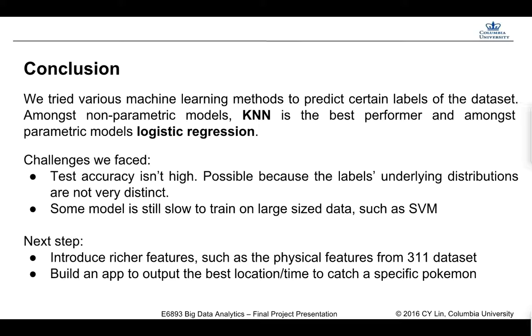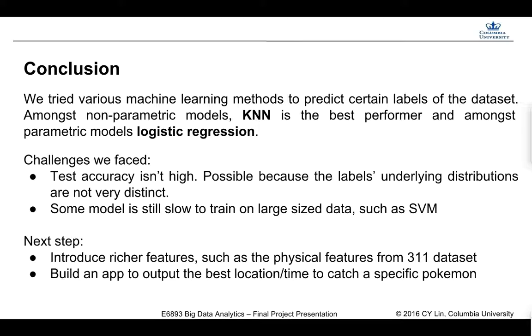The challenges we face are that the test accuracy isn't high enough, and that could be because the labels' underlying distributions are not very distinct, since this is still, after all, a discriminative learning process. And also, some models are still slow to train on large-size data, such as SVM, which has a quadratic time complexity.